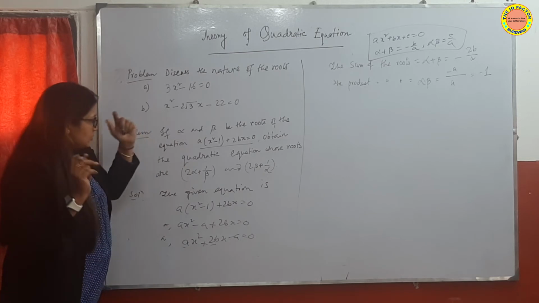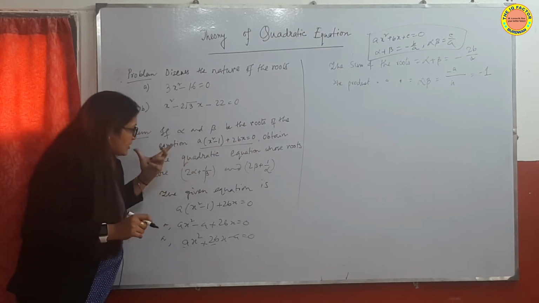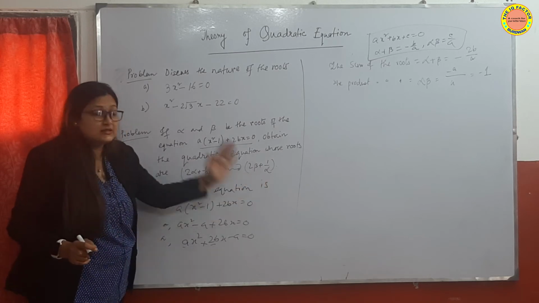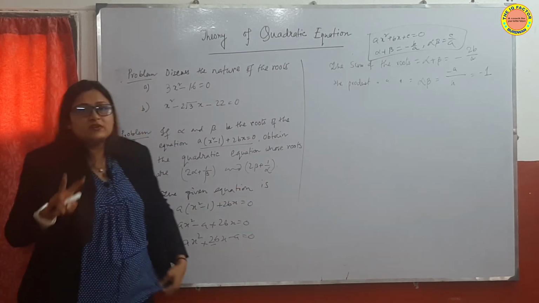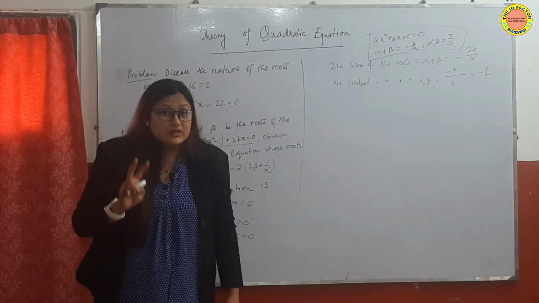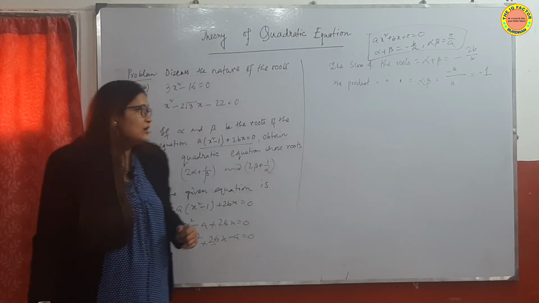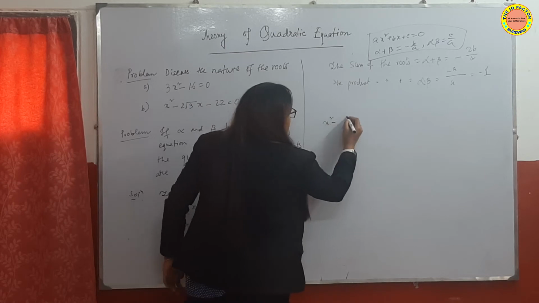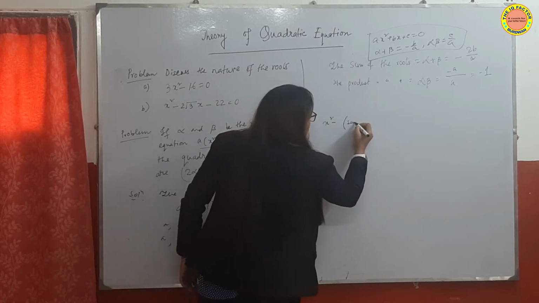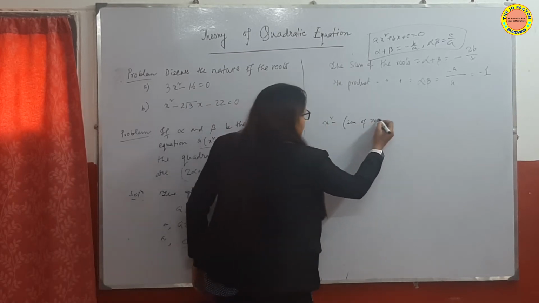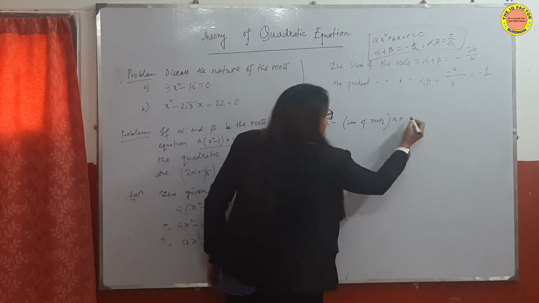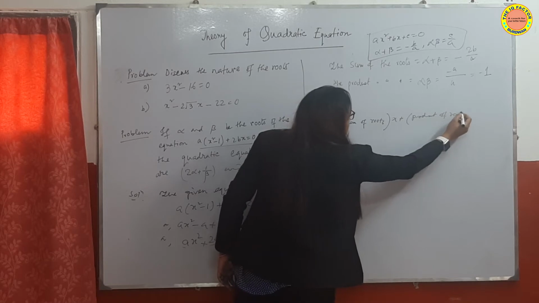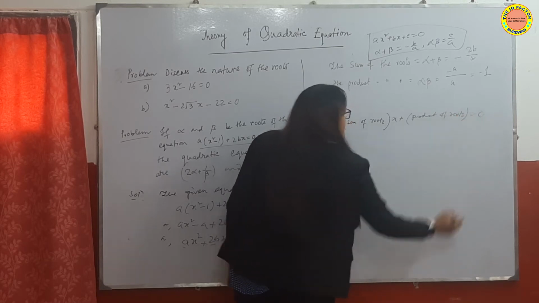Now the question is, obtain the quadratic equation whose roots are this and this. And we know if two roots are given, the equation is x square minus sum of the roots into x plus product of roots is equal to 0.